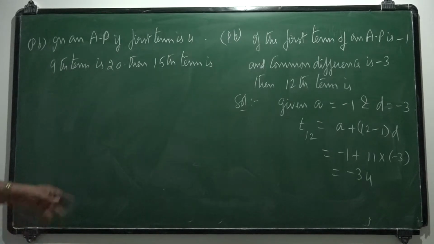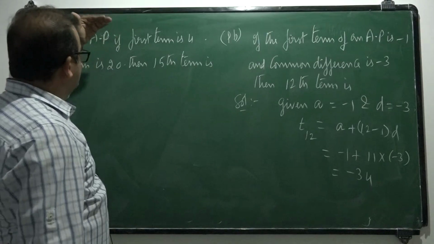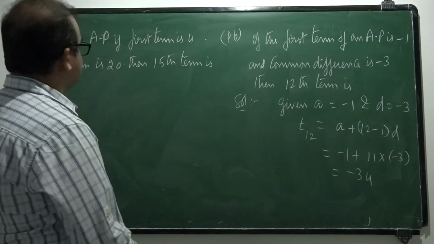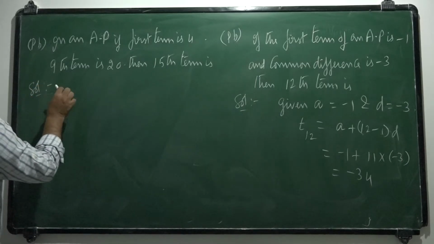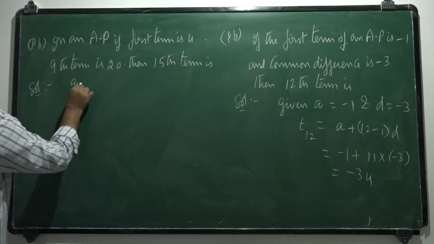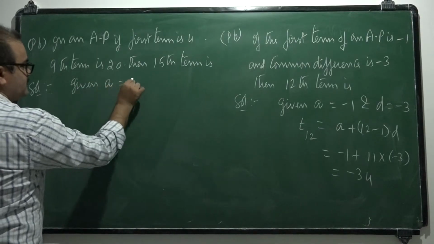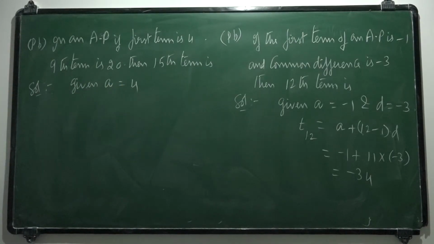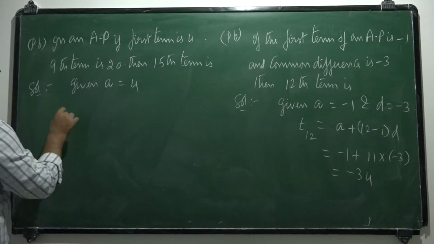What is given in this problem? First term is given. First term is 4. Given first term is A. A is equal to 4. Ninth term is given. Ninth term is 20.